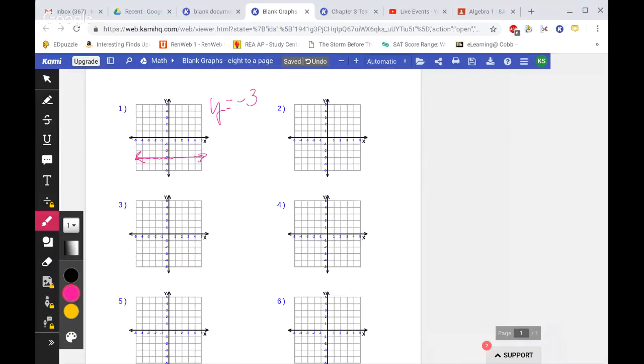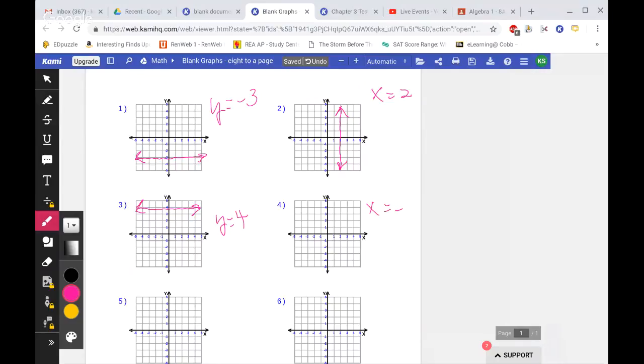You don't really need an X and Y table. You don't need to show any work. I just need to know that you know that y equals -3 is a horizontal line. X equals 2, I need to know that you know that is a vertical line. Y equals 4 is a horizontal line that runs through 4.